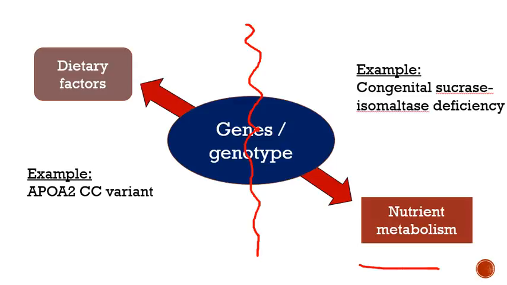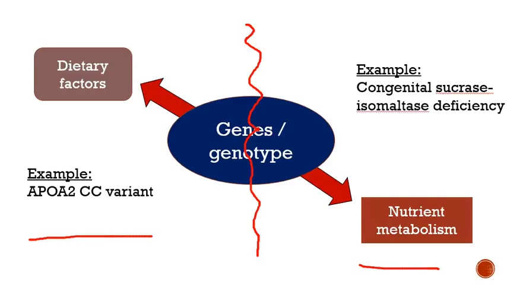If the person omits those from their diet, there's no evidence of disease. They can live perfectly healthy lives. However, if they eat foods with those compounds, then they'll have symptoms because they aren't able to digest and metabolize them. So that's an example of nutrigenetics. On the other side of the screen, I have a nutrigenomics example.